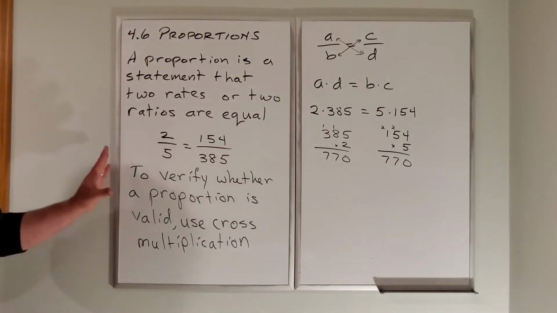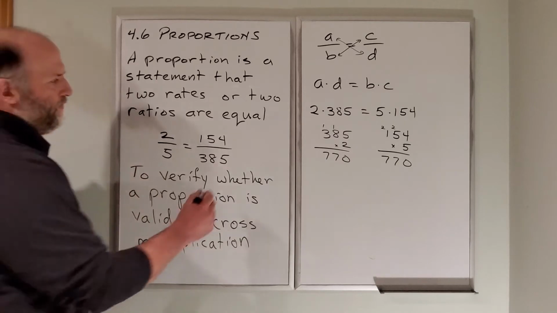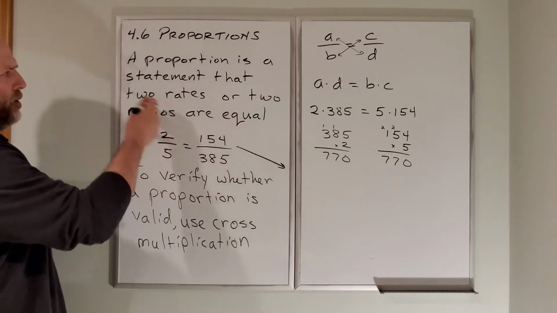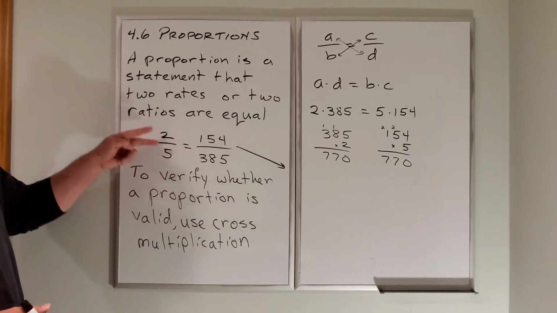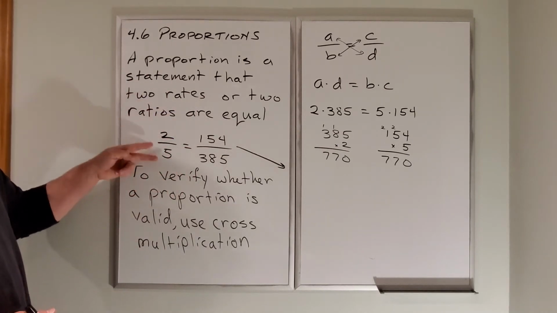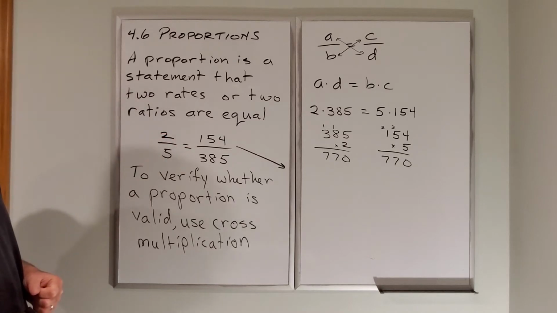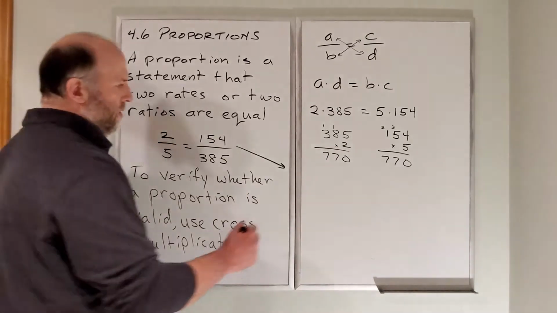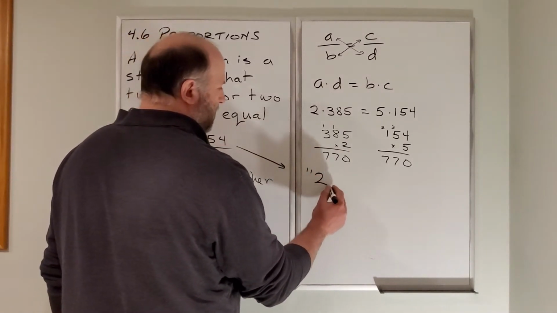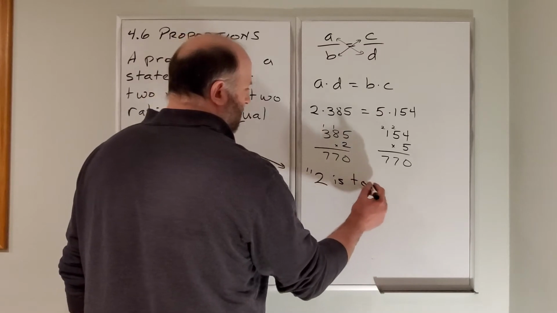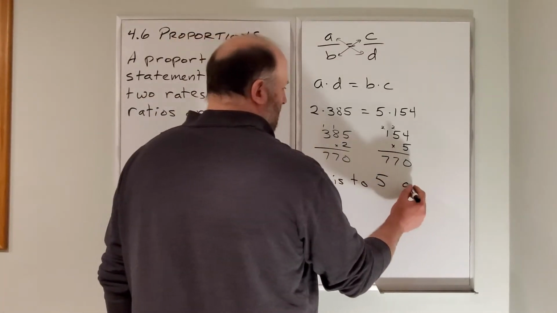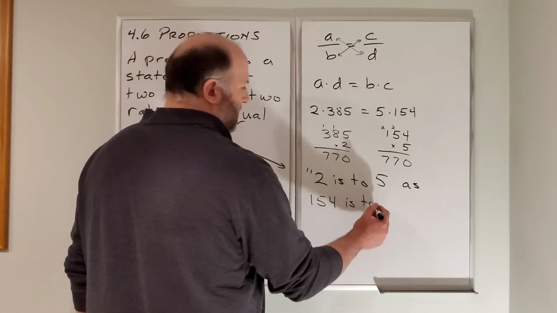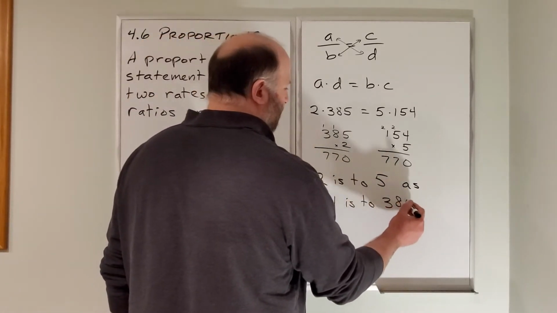First things first, a few more basics. This is obviously the symbolic way to represent a proportion, just stating that one fraction representing either a ratio or rate is equal to another one. Okay. This also has a verbal equivalent, and it would be read as follows: 2 is to 5 as 154 is to 385.